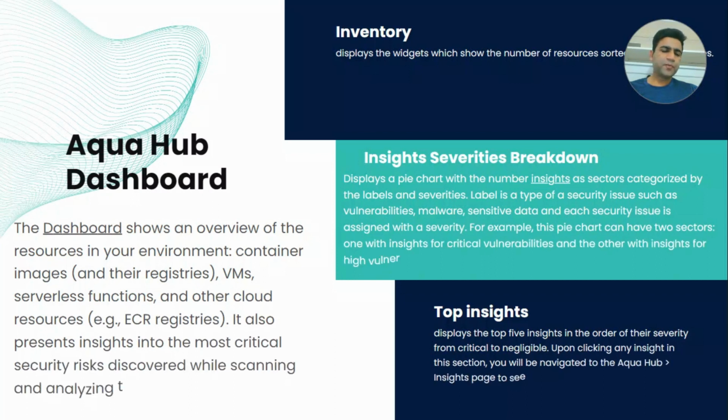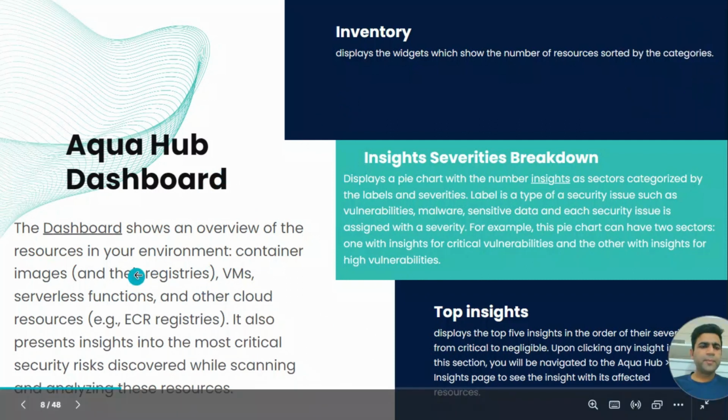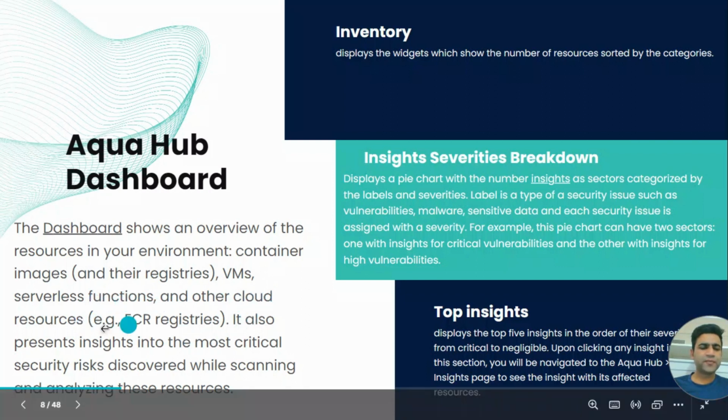Next is the first one, that's Aqua Hub dashboard. Aqua Hub dashboard is the one that's providing an overview of all the resources in your environment. Either it is containers, images, VMs, serverless functions, cloud resources like ECRs, and it's going to protect all of these from any vulnerabilities and provide the insights to the most critical security risks.